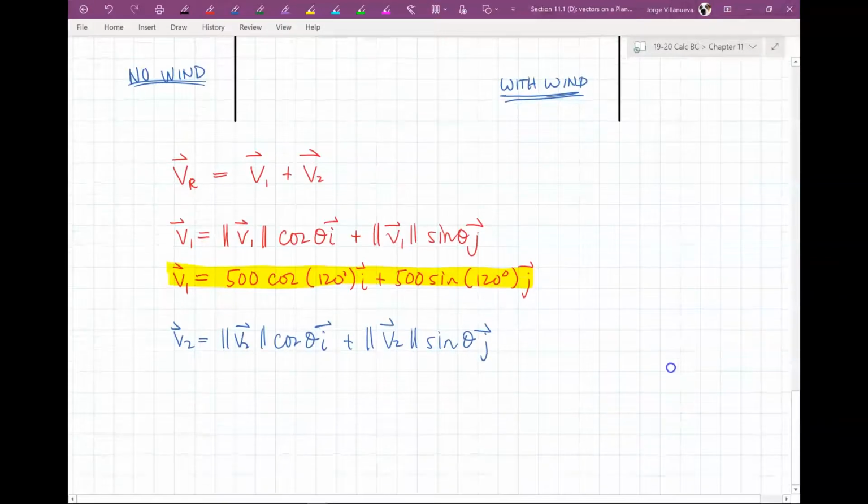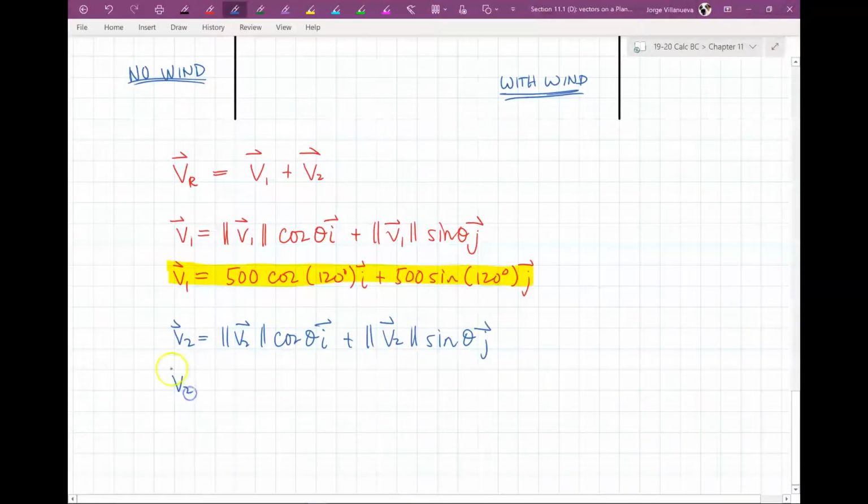So what was the speed of the wind? 70 miles an hour. Cosine of, what was the angle? 45 degrees, right? East, 45 degrees north. So it's 70 cosine of 45 degrees i plus 70 sine of 45 degrees j.